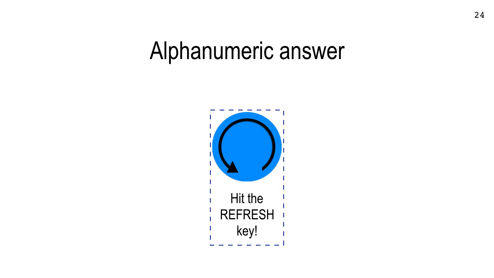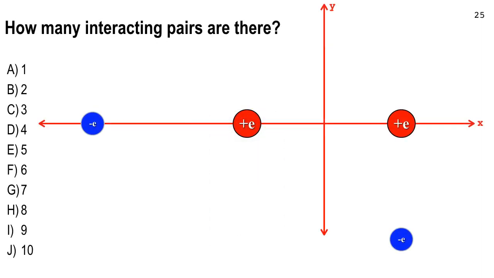All right, so back to the diagram. How many interacting pairs are there? Look at your diagram, do some sketching. And I guarantee you this is going to cause you to think.